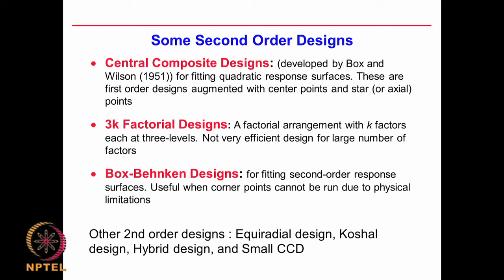First order designs are your factorial designs. Then 3K factorial design, a fractional arrangement with k factors each at 3 levels. Box-Behnken design is also almost like central composite, but the corner points are not used, they use some other points. So, we will look at each one of them.